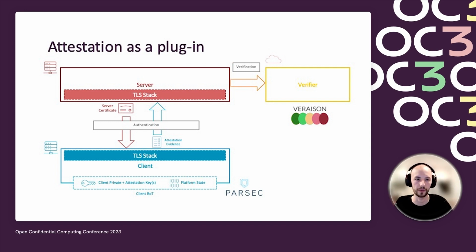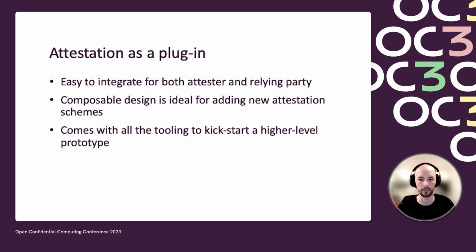And in the context of trying to use attestation essentially as a plugin for authentication, we think there are a few requirements that we're essentially trying to fulfill here. So first off, it must be really easy to integrate the applications, the higher level applications, for both the attester and the relying party. And we believe that we're doing this quite well with Parsec and Veraison both being developed and designed essentially to allow cloud native applications to easily access these services.